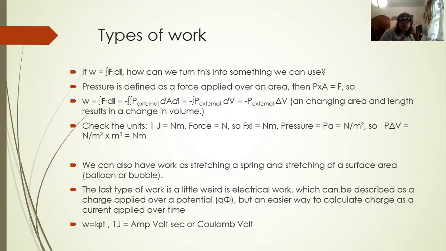Force is pressure times area. As we said, pressure is force over area. So pressure times area times a length, thus changing area and changing length means changing volume.